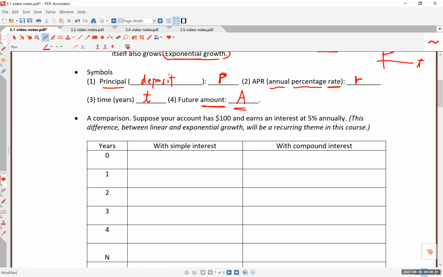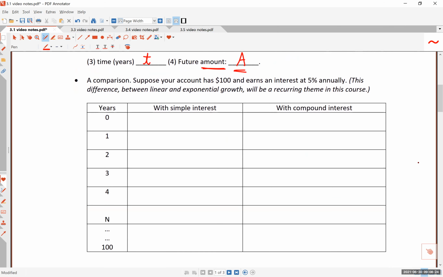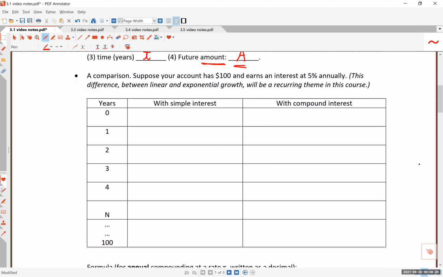in years. All right, let's do a comparison of these two different types of growth of money. Suppose you have an account, well, two accounts, okay, and you have $100 to deposit into each of the accounts.